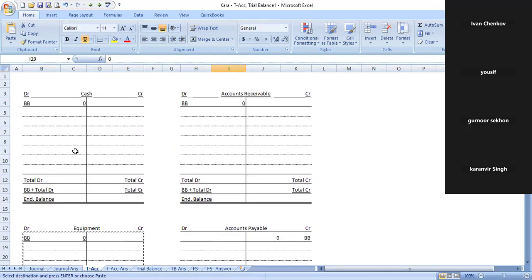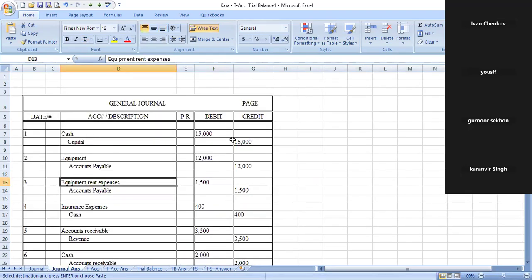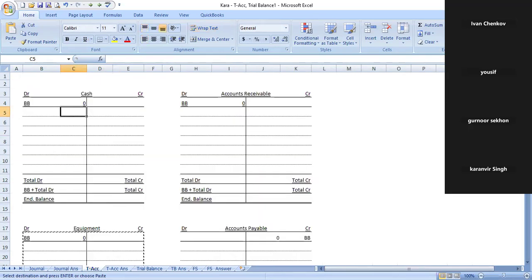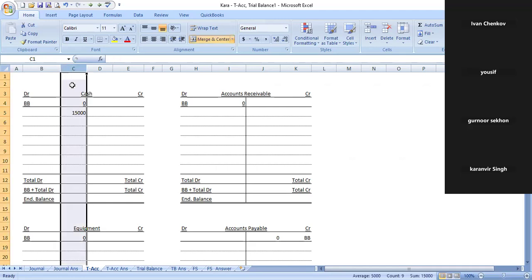So we have our beginning balance. Then what happens next with the cash? The first entry, she put $15,000 cash. Now let's go here and put $15,000 cash. And why did she put $15,000 cash? Because she invested in the company.